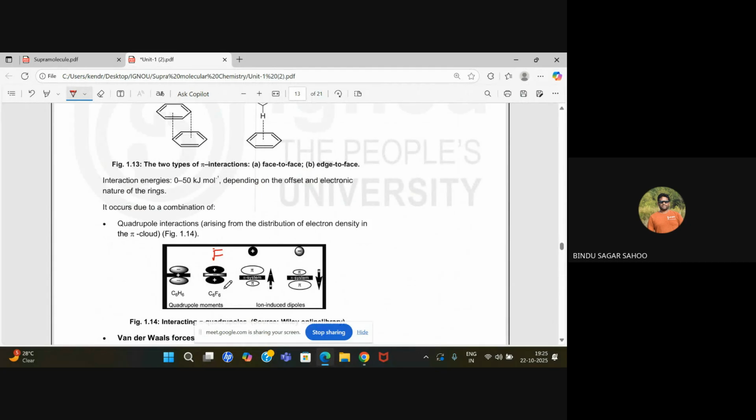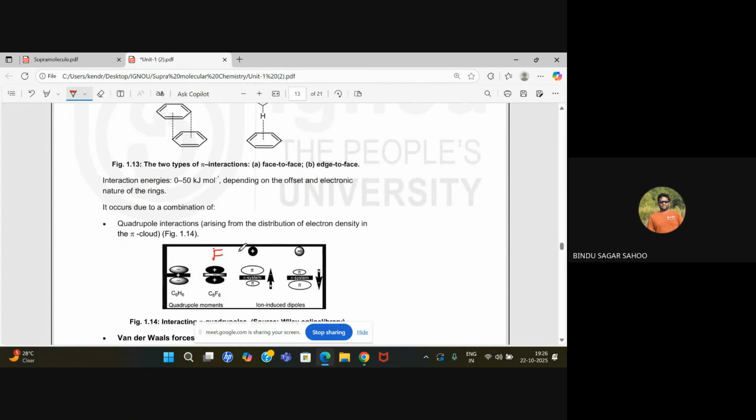But if you take simply benzene, the pi electron densities are present above and below the plane of the molecule. But in C6F6, an electron-deficient molecule, the charge distribution changes like that. If the charge distribution changes, the positive part can easily interact with the negative anion. So these types of interaction we call pi-anion interactions.